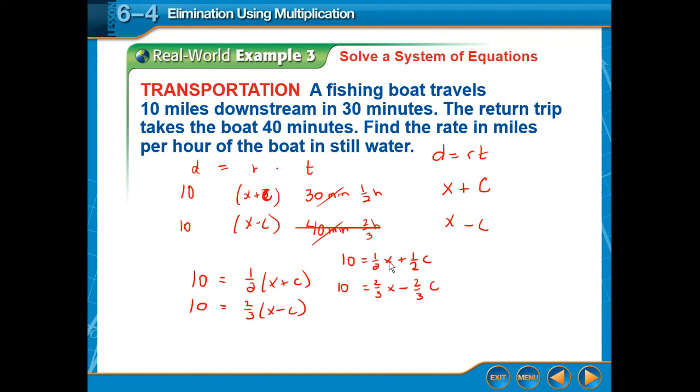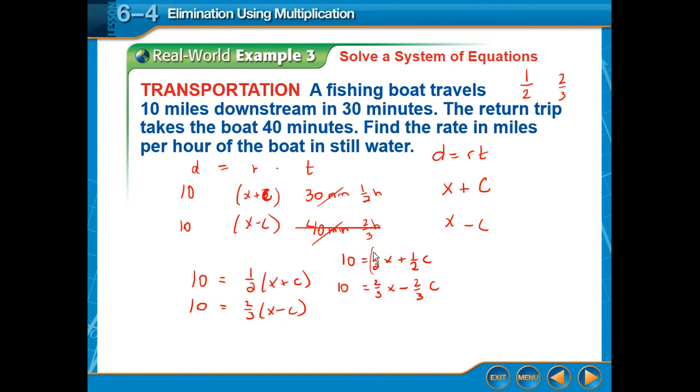So from here, I want to get these so that the fractions will be the same on one of my variables, so I can eliminate a variable. So between 1/2 and 2/3, I'm going to be paying attention to the denominator. I want to get these to be the same for both of them. So I'm just going to multiply each one by the opposite.